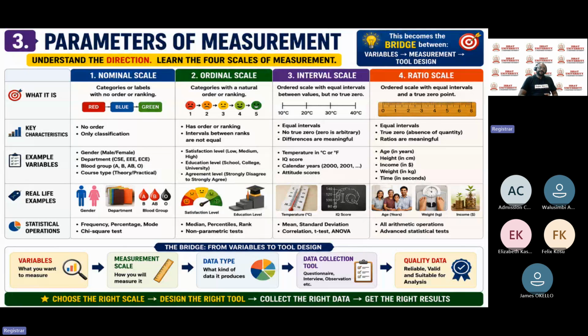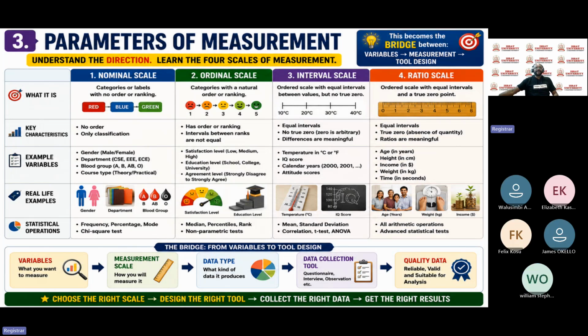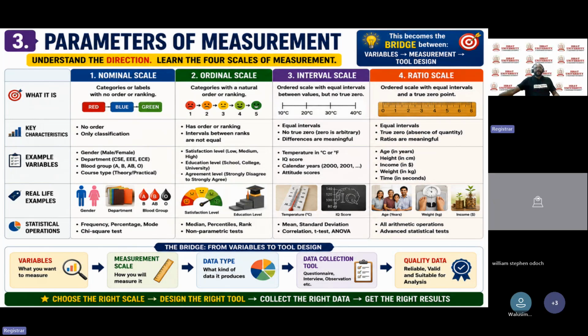The second thing, use a pen and paper to write and scribble and understand the things. Education level also has an order: school, then college, then university, then the next level. Agreeing or disagreeing with something also has an order, isn't it? Strongly agree to strongly disagree. Satisfaction levels and education levels are the real life examples.